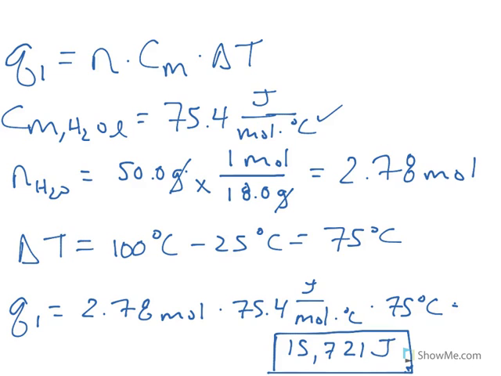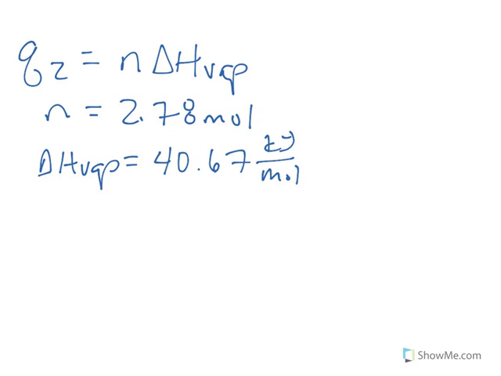There's a few ways you can handle this. You can go ahead and convert the delta H of vaporization now, or you can just simply convert your heat value to joules when you're finished. Either way works. I honestly am just going to convert my Q to joules when I'm finished. So Q2 is equal to 2.78 times 40.67.